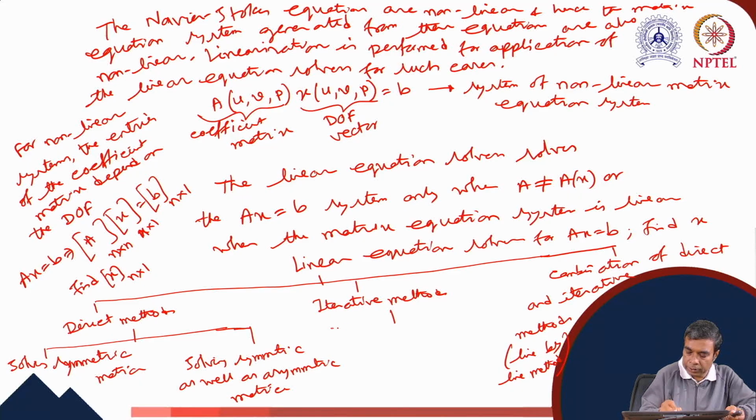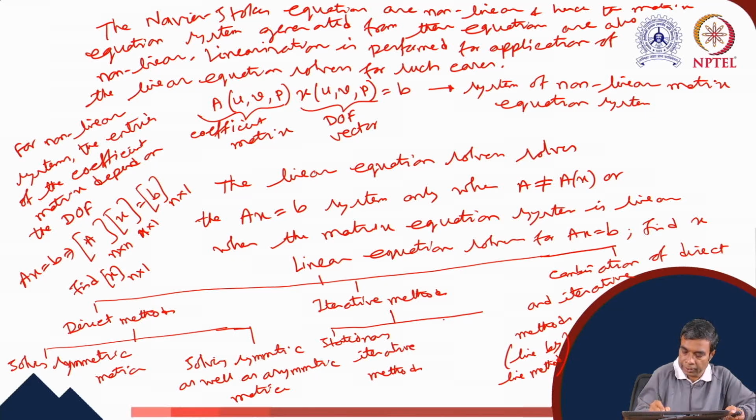The iterative methods are classified into three types. The first type is known as stationary iterative methods. The second one is known as non-stationary iterative methods. And the third one is known as the multi-grid method.